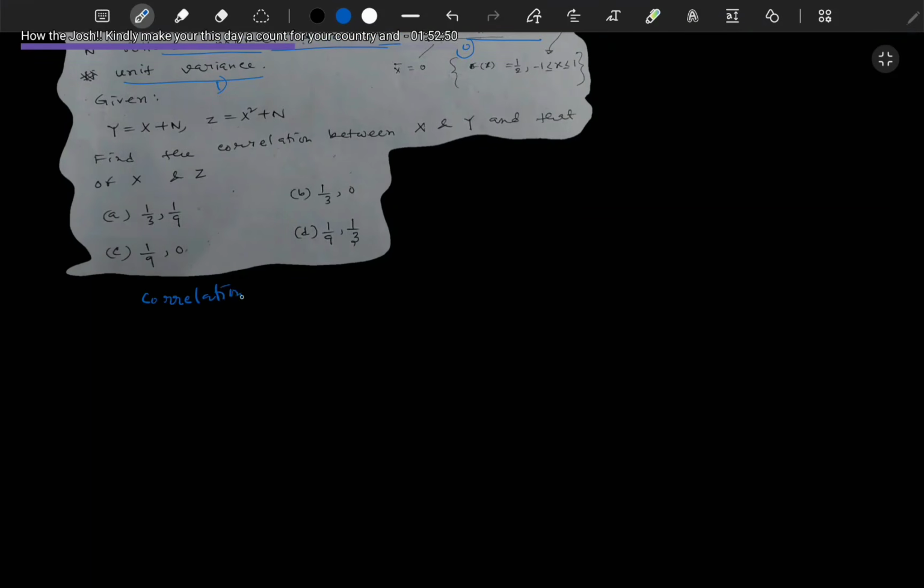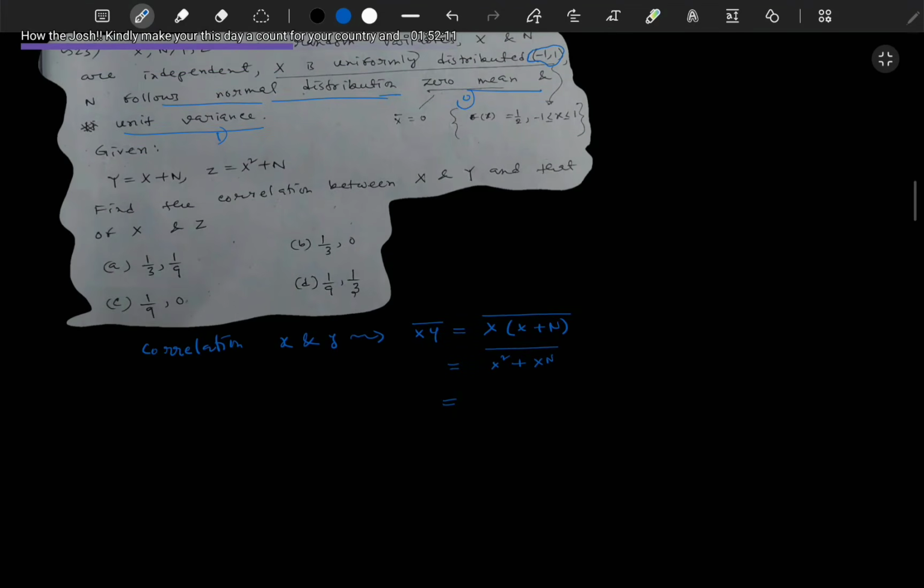So correlation between X and Y, it will be XY bar equal to X into X plus N whole bar, so X square plus XN.